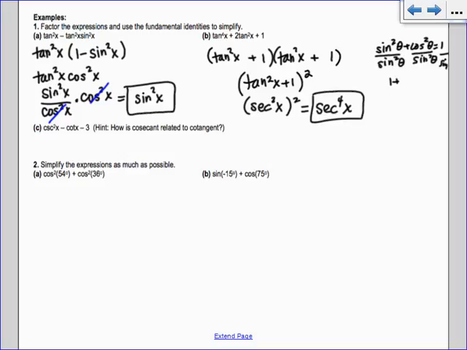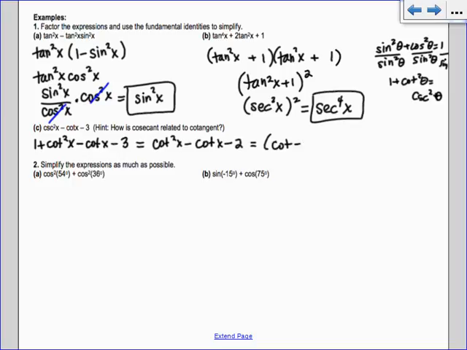When I do that, I get 1 plus cotangent squared theta equals cosecant squared theta. So cosecant squared theta is really 1 plus cotangent squared theta. So I'm going to say 1 plus cotangent squared x minus cotangent x minus 3. So I get cotangent squared x minus cotangent x minus 2, which does factor.